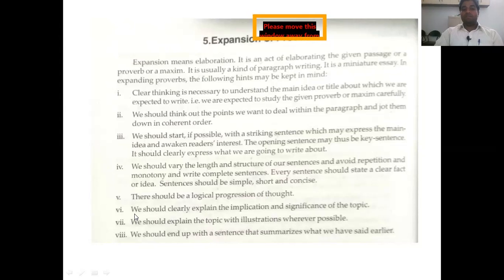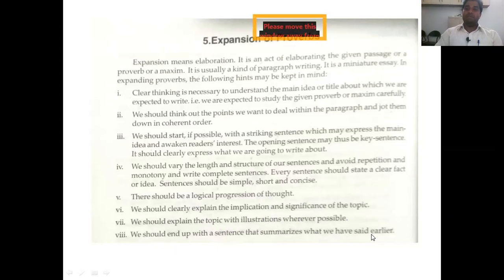Sixth point, we should clearly explain the implication and significance of a topic. Seventh point, we should explain the topic with illustrations wherever possible. Illustration means examples.